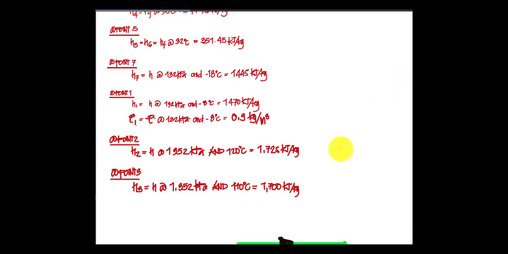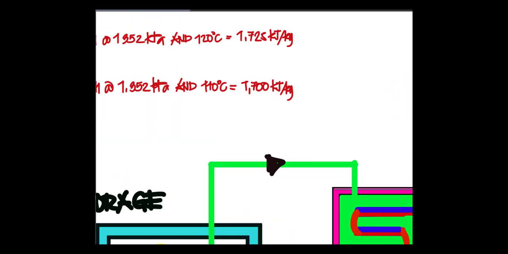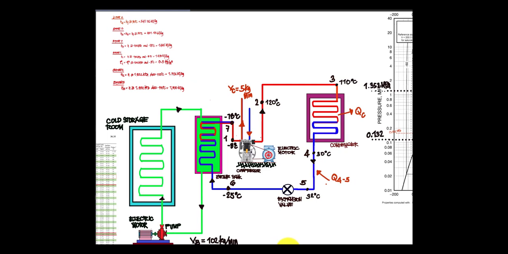Looking back at our schematic diagram, let's check if we have already completed the enthalpy data from point to point. For point 4, we have it here. For point 5, we also have the properties now. Point 6, it's okay.